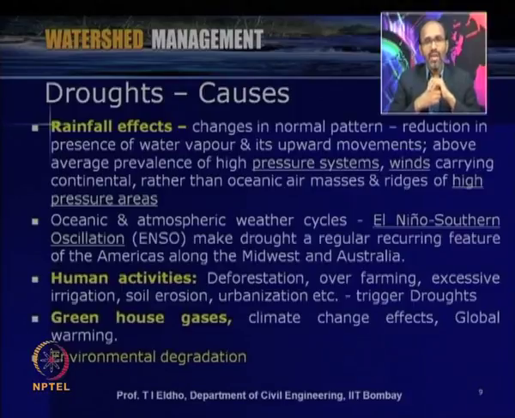And then other than the natural causes, human activities can also cause drought situations. Human activities like deforestation, over farming, excessive irrigation, soil erosion, urbanization, etc. trigger droughts.